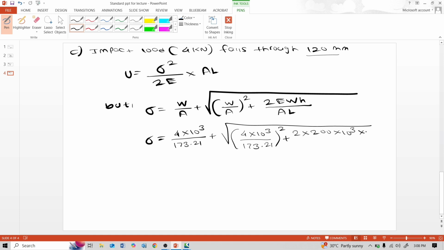Multiply by again W, 4 into 10 raised to 3, and multiply by H is 120 mm. And area is 173.21. Length is 600.